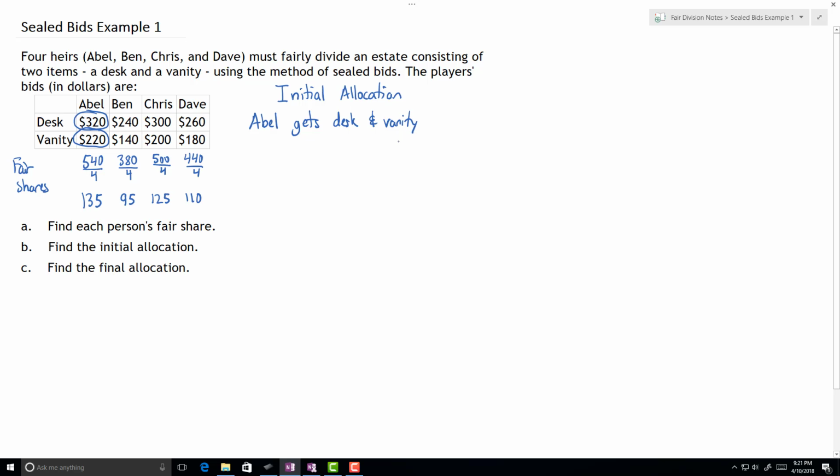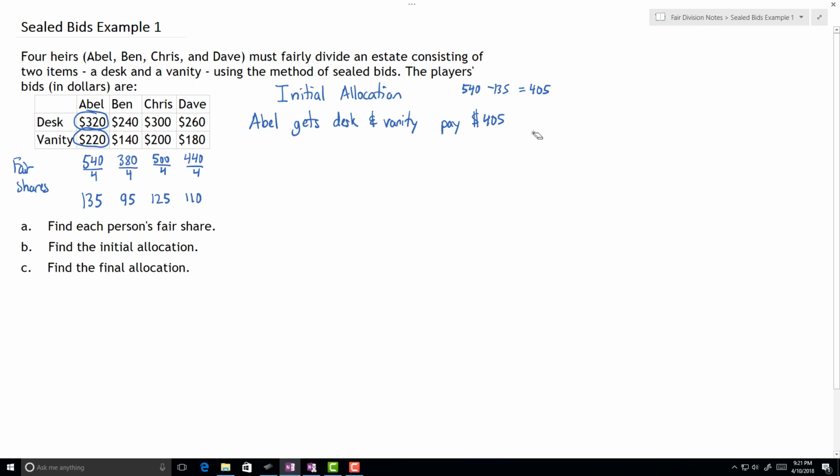Now that has a value of $540, which is more than his fair share of $135. So we figure out what that difference is, $405, and he has to pay $405 into the holding pile.